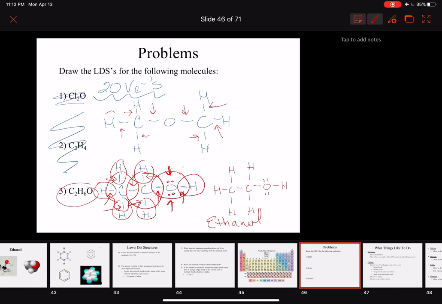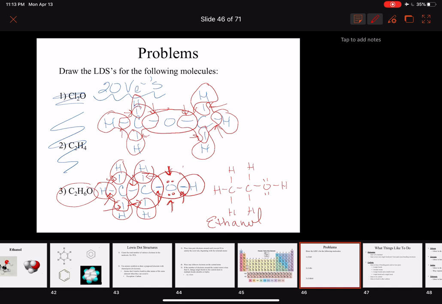Now, each of my hydrogens has a duet and it's happy, so we don't need any lone pair electrons on hydrogens, and hydrogens don't want lone pairs anyways. And each of the carbons has an octet, 2, 4, 6, 8, and 2, 4, 6, 8. But the oxygen only has a quartet.